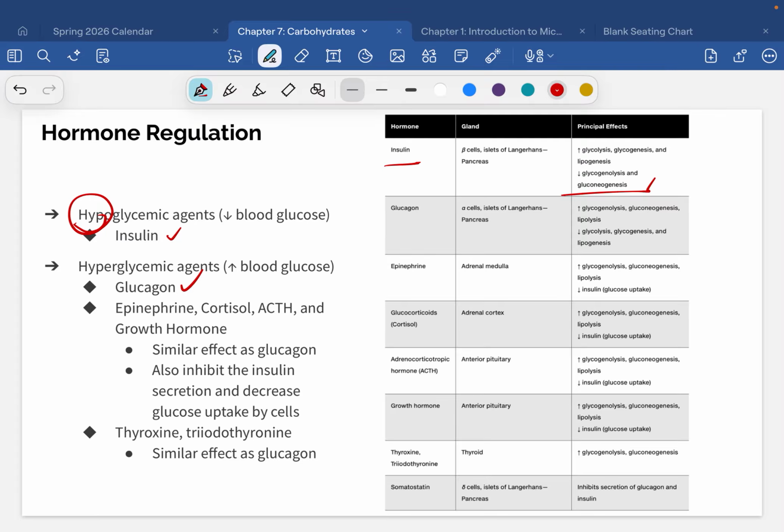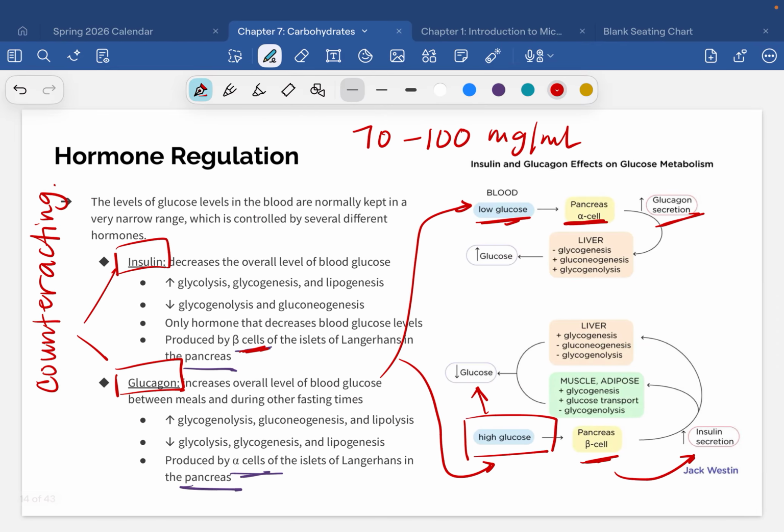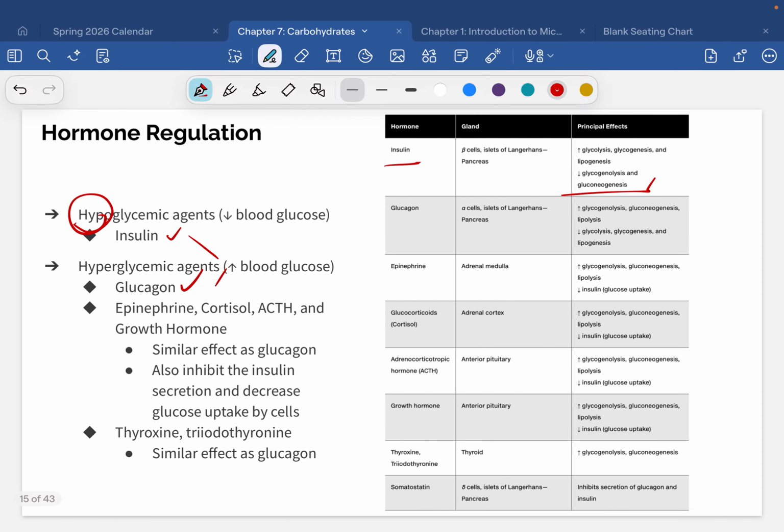All right. Now, again, I wanted to mention that these are counteracting hormones, specifically insulin and glucagon. I wrote over here, they're counteracting. That means that when your body is secreting insulin, so if there's ever a time when your body has high blood glucose and you're secreting insulin, your body is actively going to counteract or stop the release of glucagon, because glucagon does exactly the opposite of what we want it to do.